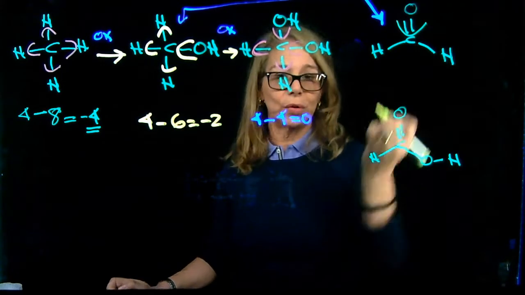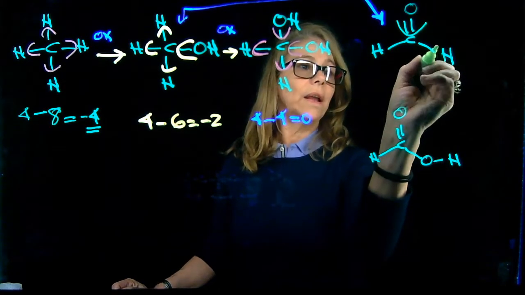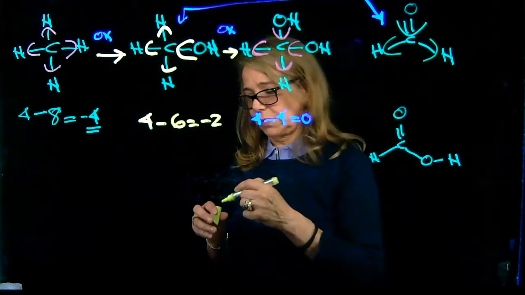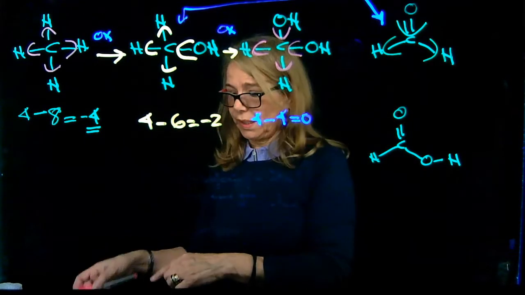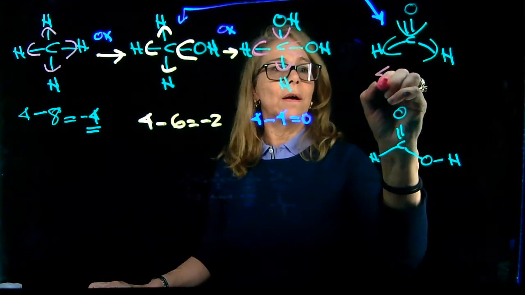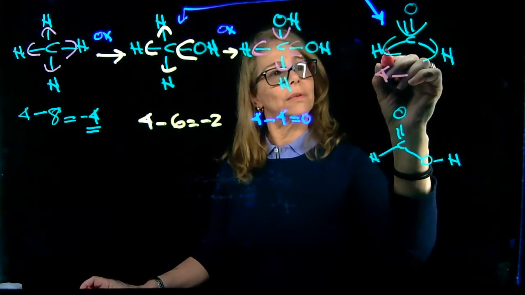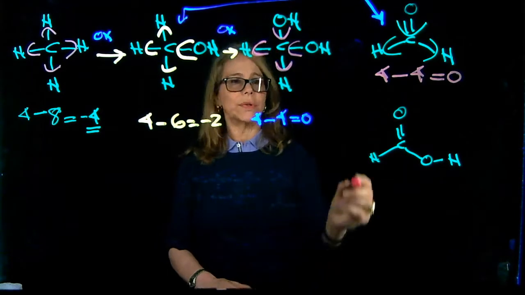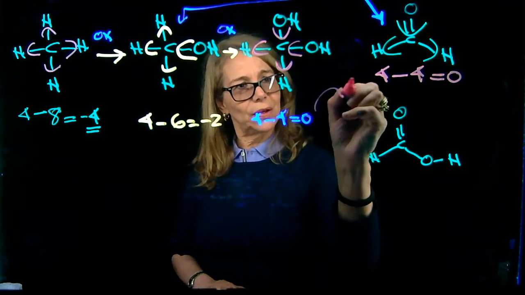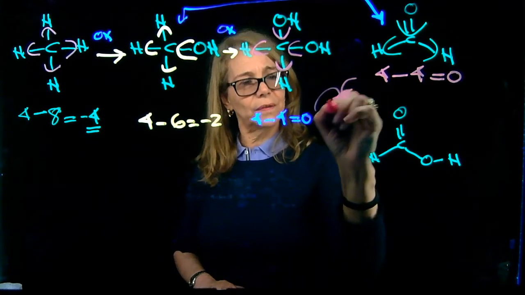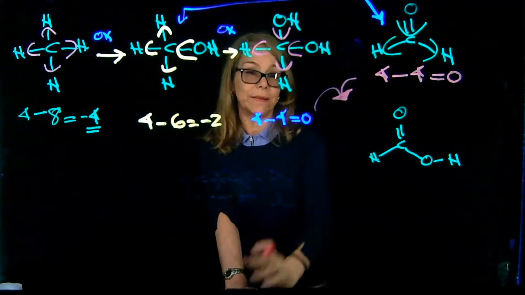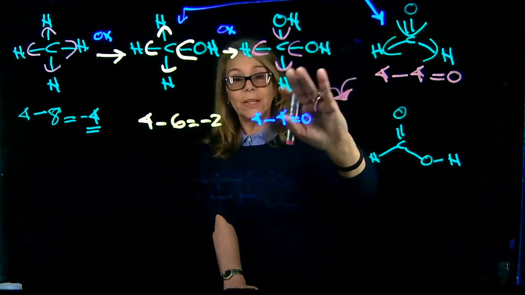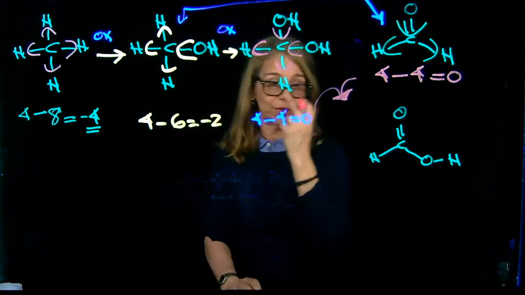So these two will go to oxygen, and this goes to carbon, and this goes to carbon. When I do my math here, it's 4 valence electrons, and my count 2 and 2 is 4, so 0. What I want you to see is that the oxidation state of these two compounds is actually the same. So this is neither an oxidation nor a reduction.